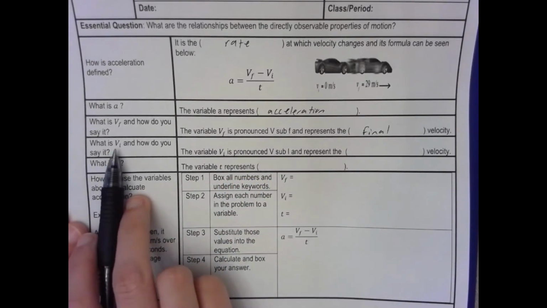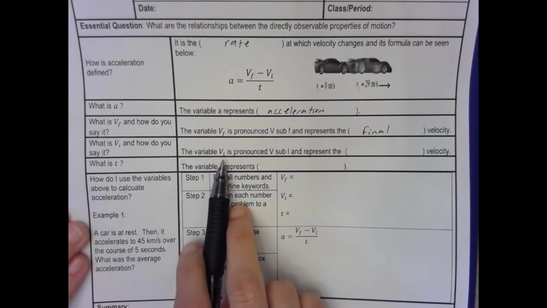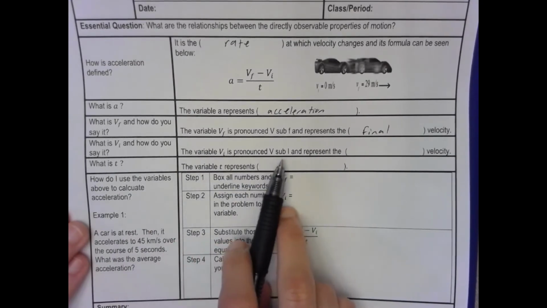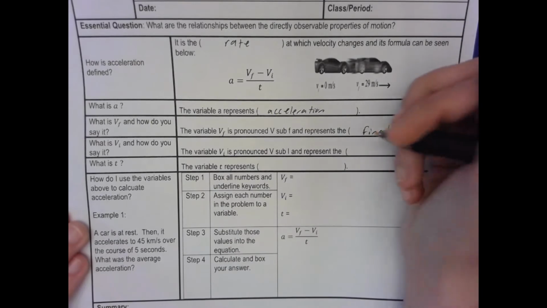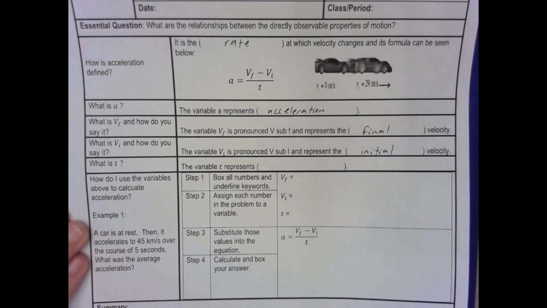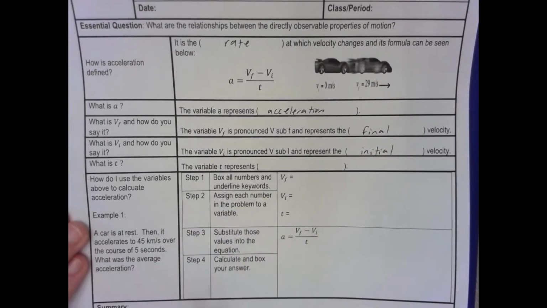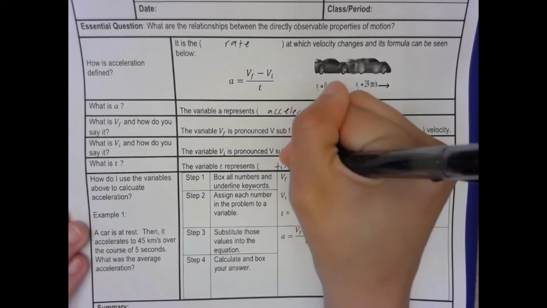What is v sub i, and how do you say it? The variable v sub i is pronounced v sub i and represents the initial velocity. Again, that little i, that subscript, stands for initial, so initial velocity. What is t? The variable t represents time.